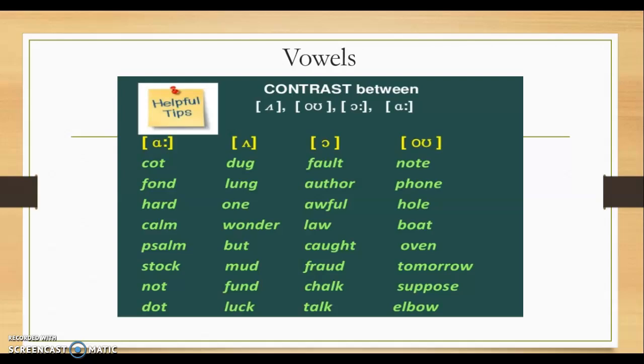Okay, pay attention. With this symbol, these are the letter C, but upside down. We have fault, author, awful, law, caught, fraud, shock, talk. If you could see, all these words are with the letter O, the Spanish O: fault, author, awful, etc.